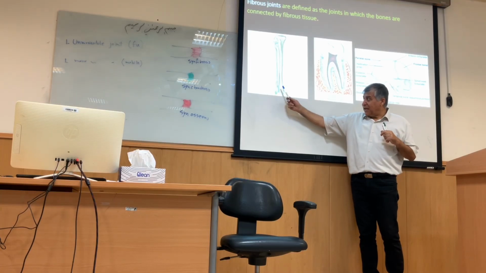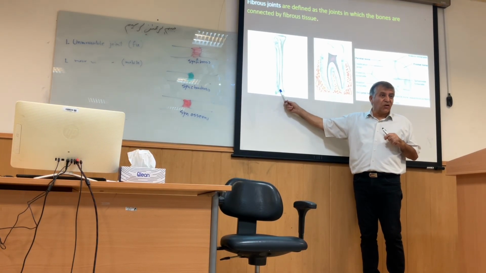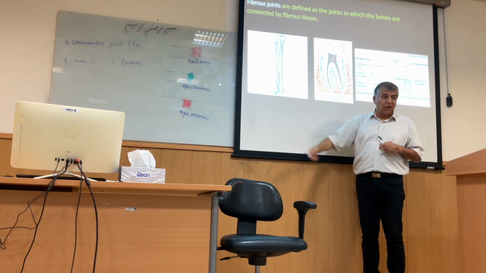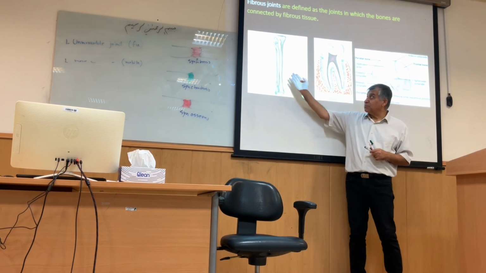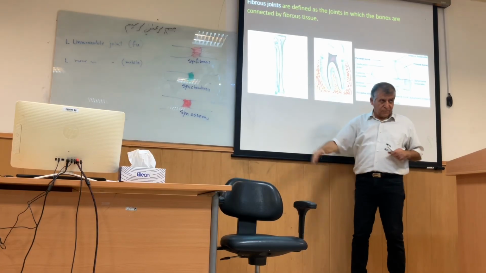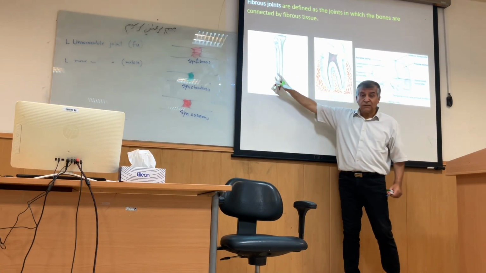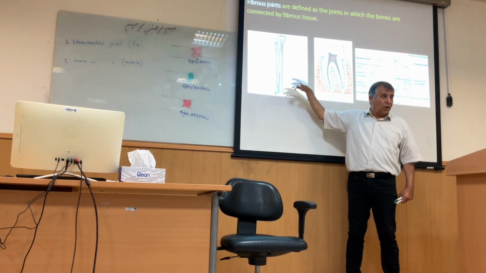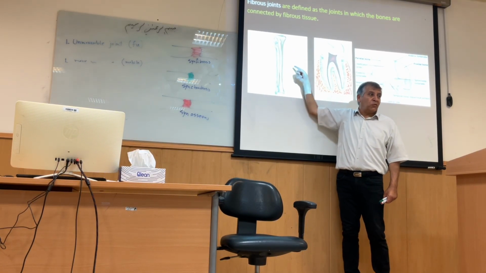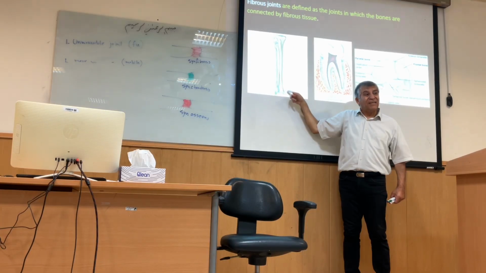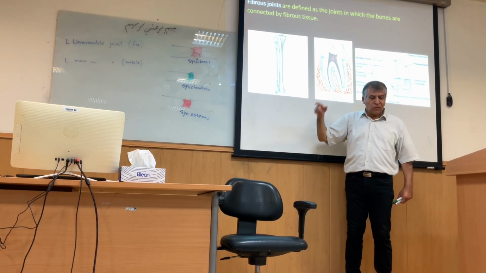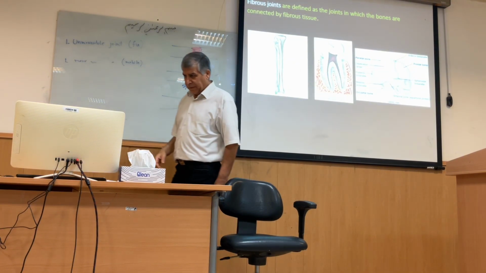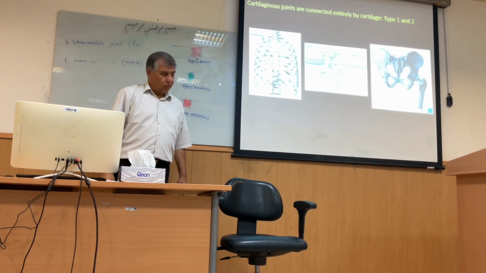In the limb, there is just one fibrous joint. This bone is tibia. This bone is fibula. This joint is the tibiofibular joint. You can see superior and inferior. This one is inferior. The tibiofibular joint is fibrous. Okay.